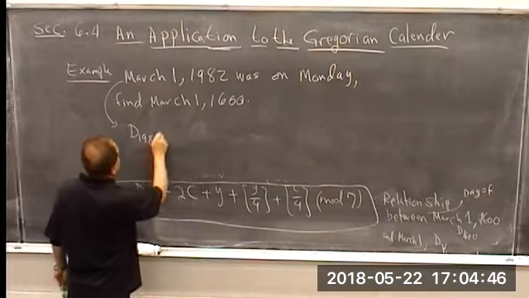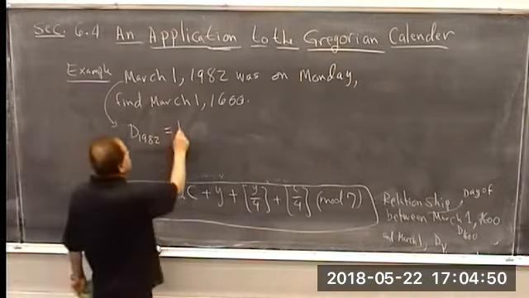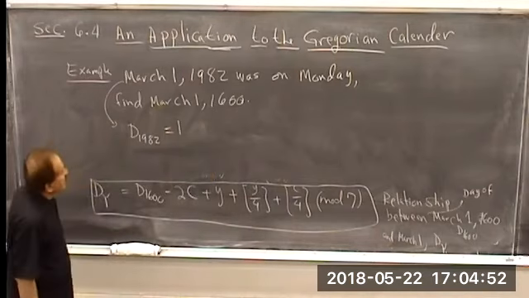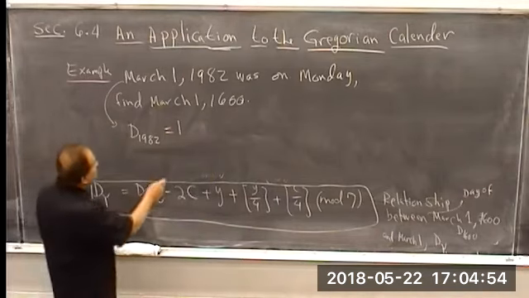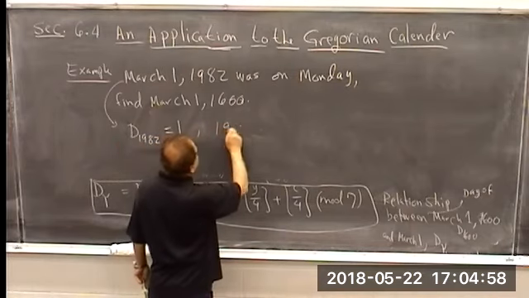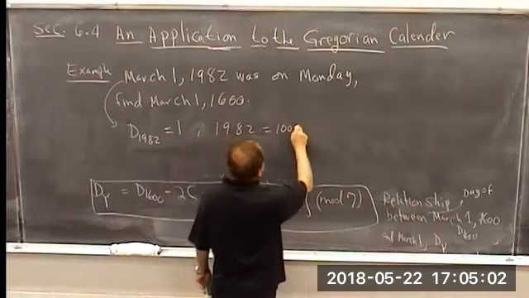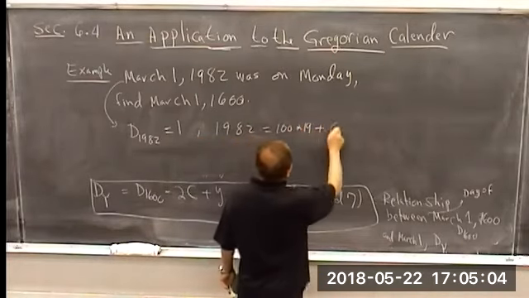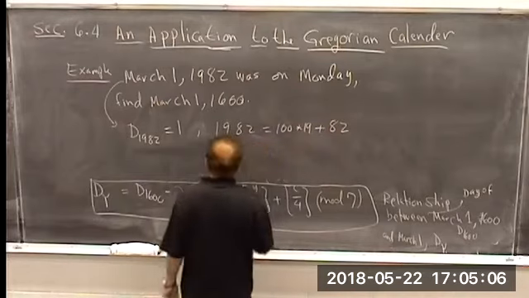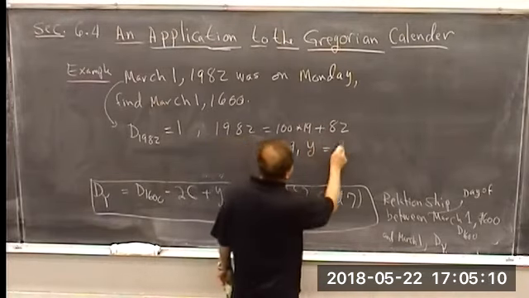So this Y is equal to 1, because Monday is 1. To do the calculation, we need to write 1982 as 100 times 19 plus 82. So C is equal to 19, and little y is equal to 82.